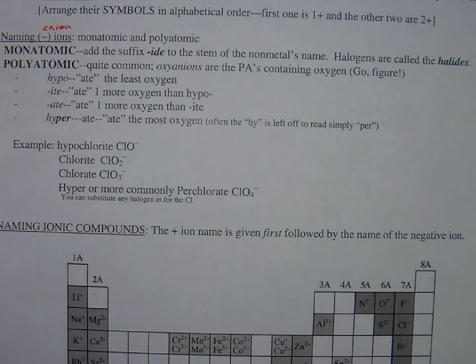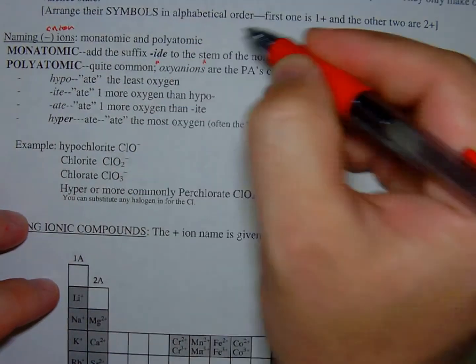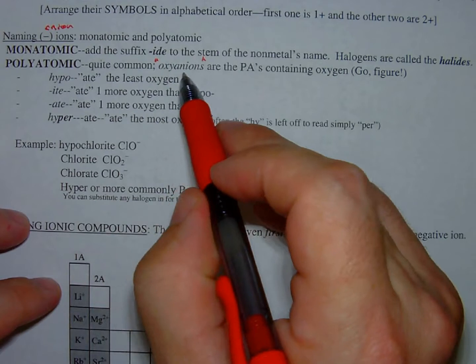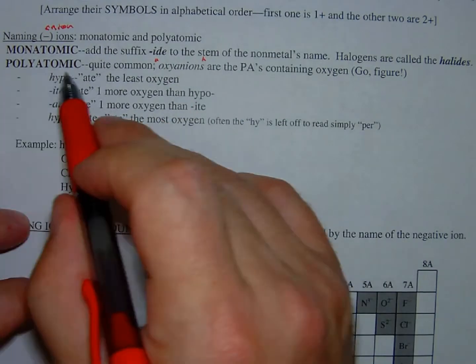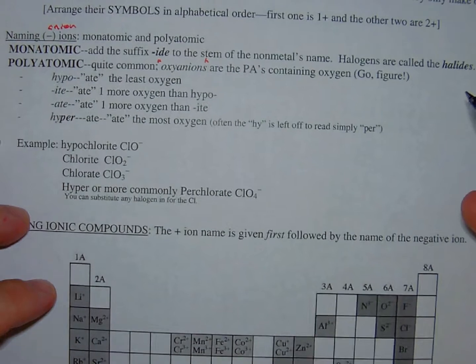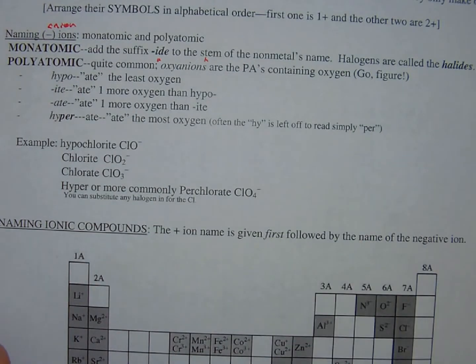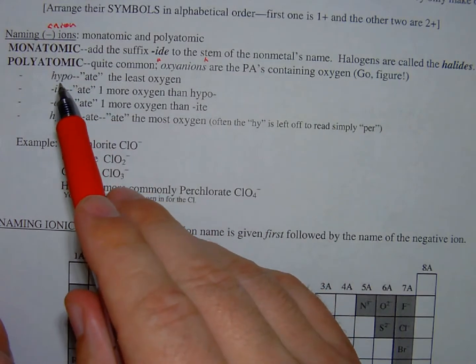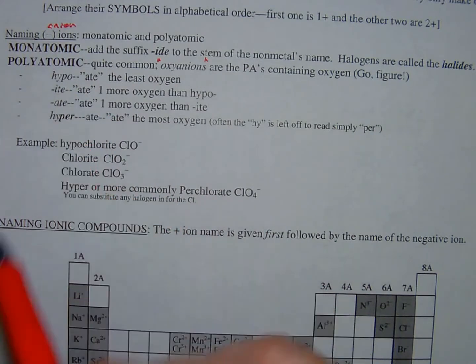Polyatomic ions are very, very common. We'll use them a lot. Oxyanions are simply polyatomics that contain oxygen. Most polyatomic ions are anions, but if they have oxygen, they're oxyanions. Here's one of the patterns we want to remember. These prefixes and endings: hypo, ite, ate, and hyper.